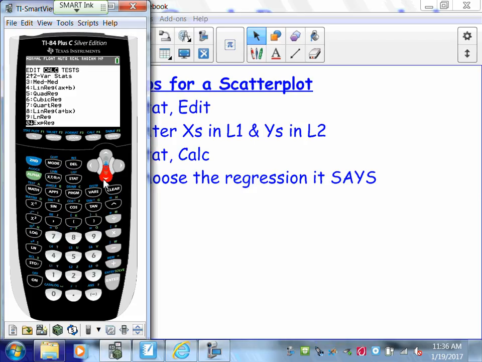So ExpReg should be choice 0. Were there two LinRegs? One has b as the slope and the other one has a as the slope.